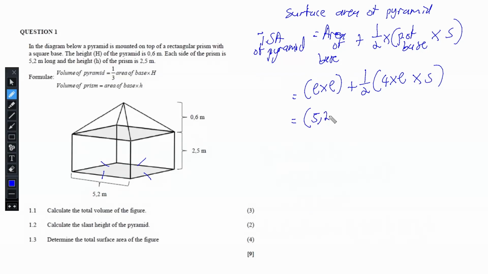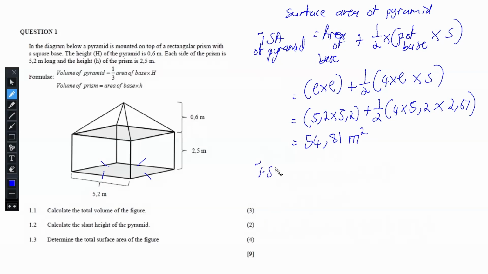Our length is 5.2, then times 5.2, plus half, we have 4 times 5.2, and then multiply that by the slant height that we did calculate, 2.67 from the previous question. Then now, when we punch all that into our calculator, we get 54.81 meter square.